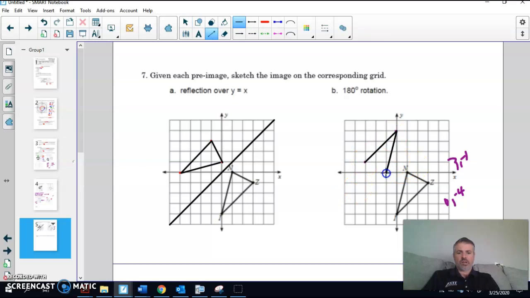And when you're reflecting over y is equal to x and rotating at 180 degrees, see how similar they look? So we have to keep this in mind. Again, like I showed Joey when I spun him on the floor, in a rotation you don't get the reverse orientation, but a reflection you will.